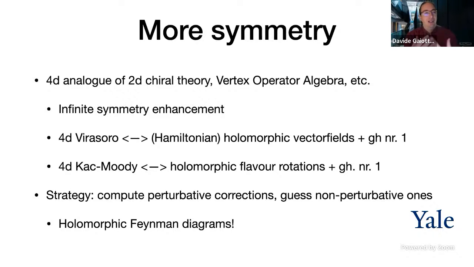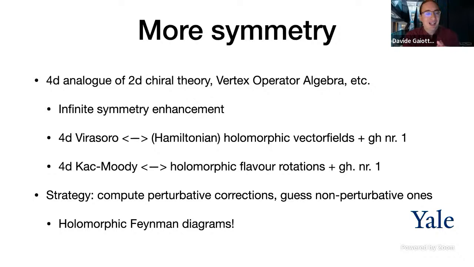So to say this again, in two-dimensional holomorphic theories, which are defined on, say, Riemann surfaces, you get these beautiful mathematical structures, which are vertex operator algebras, chiral algebras. And they have been an enormous subject of study over the last many years. And the striking fact is that four-dimensional holomorphic theories also have similar structures, and that within every four-dimensional N=1 gauge theory, there is hidden a holomorphic theory.